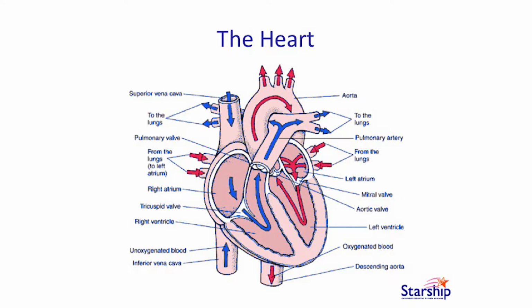So a quick little review of how blood flows. Blood comes back from the top half of the body via the superior vena cava, and from the lower half of the body by the inferior vena cava, into the right atrium, through the tricuspid valve, into the right ventricle, pulmonary valve, pulmonary artery, out to the right and the left lungs, where the oxygen is picked up and the blood gets oxygenated.